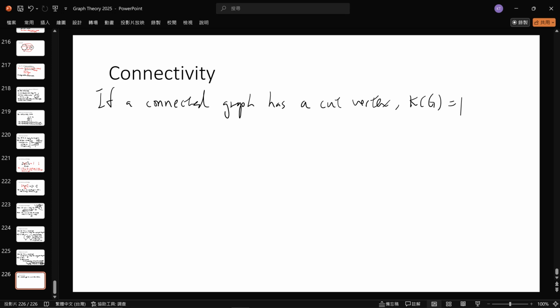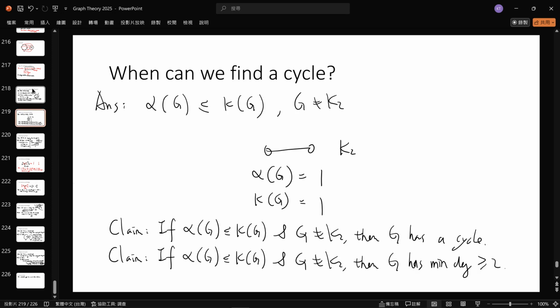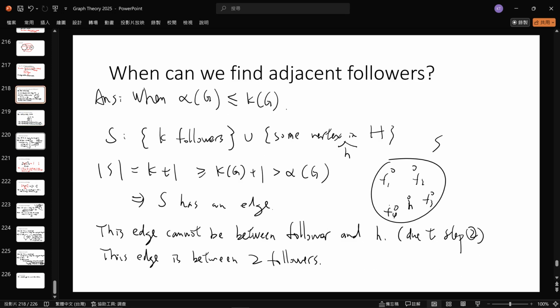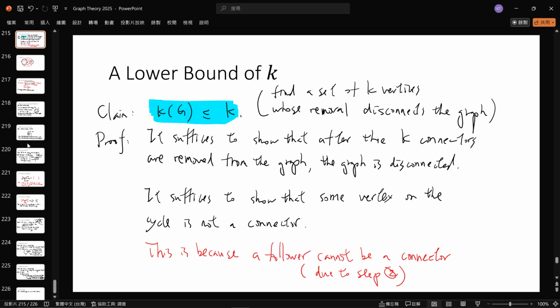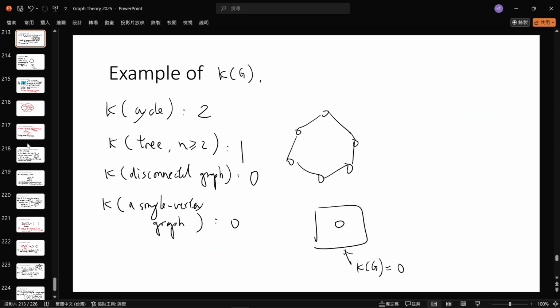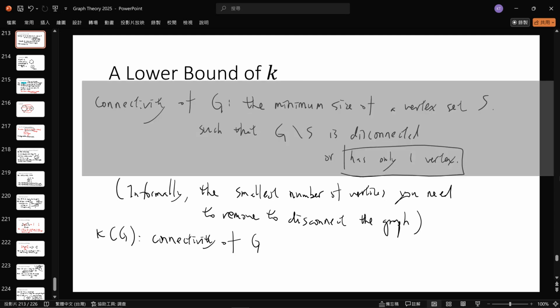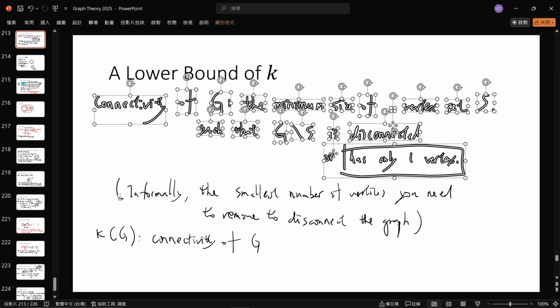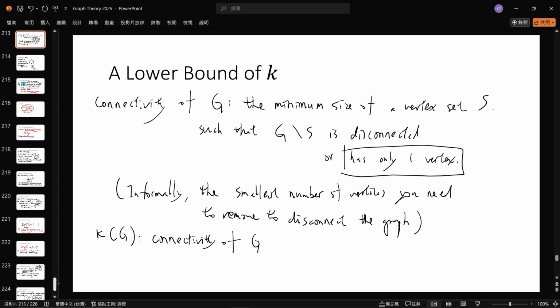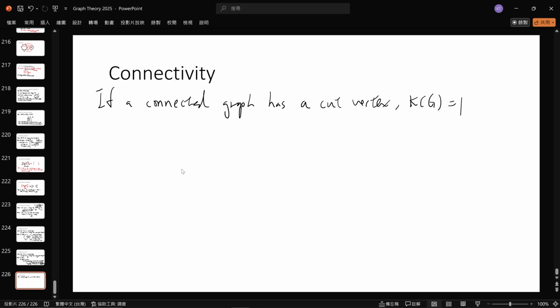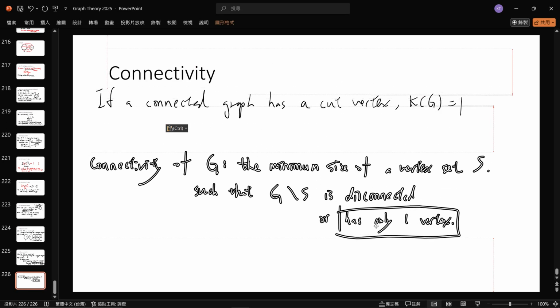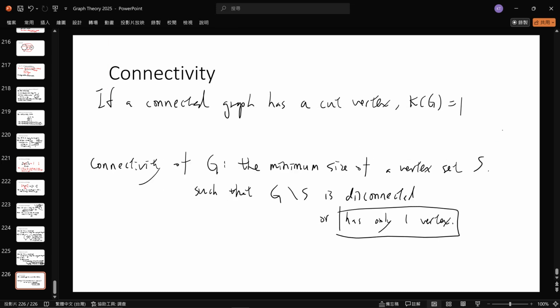I can just copy paste this definition. But this time we're going to call this edge connectivity, and the notation will be kappa prime.